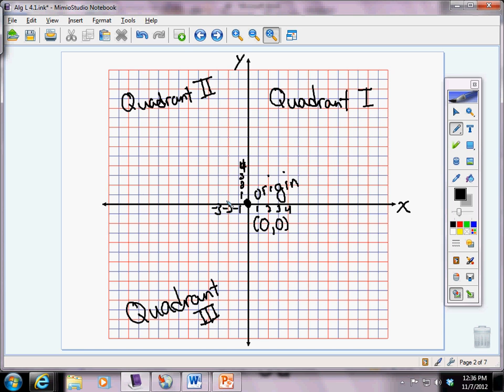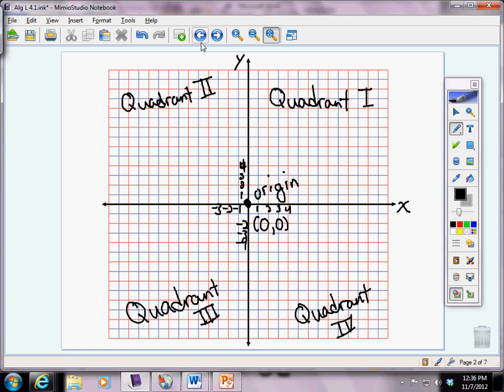Quadrant 3 is made up of our negative x values and our negative y values. And finally, the last quadrant we have is quadrant 4. And quadrant 4 is made up of our positive x values and our negative y values.